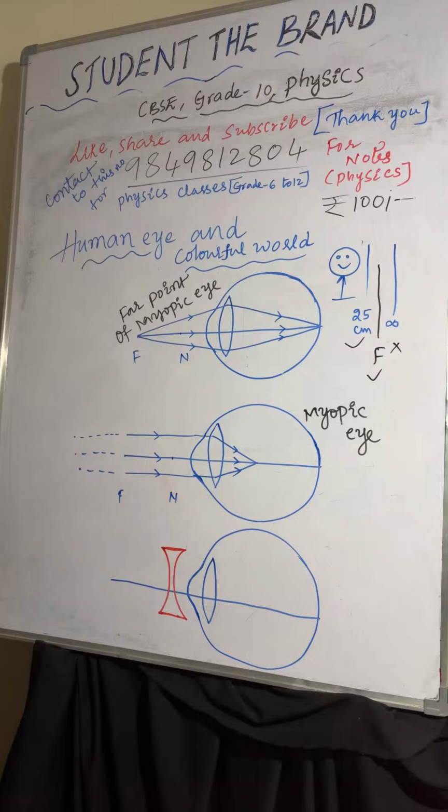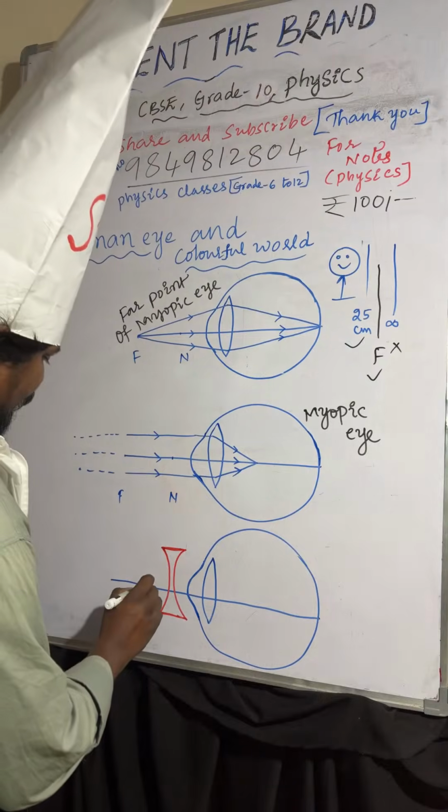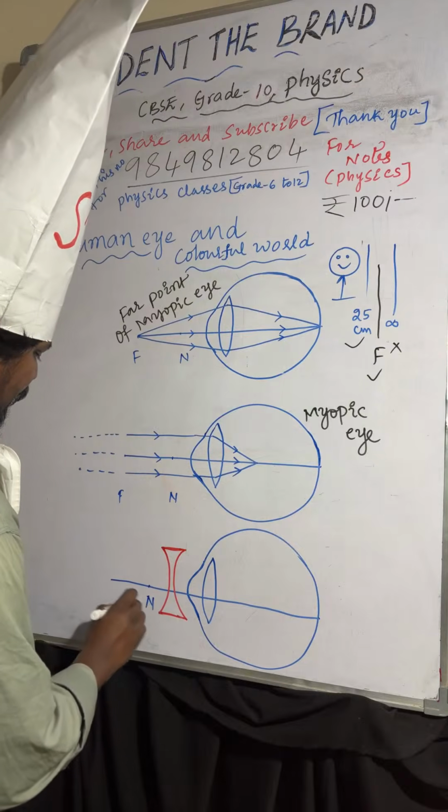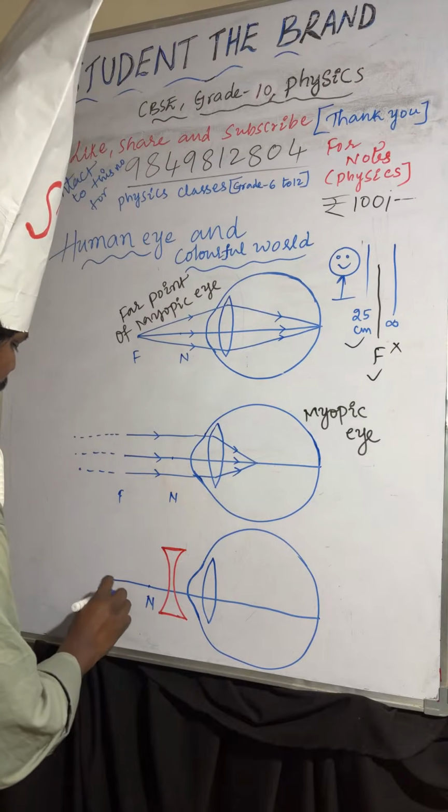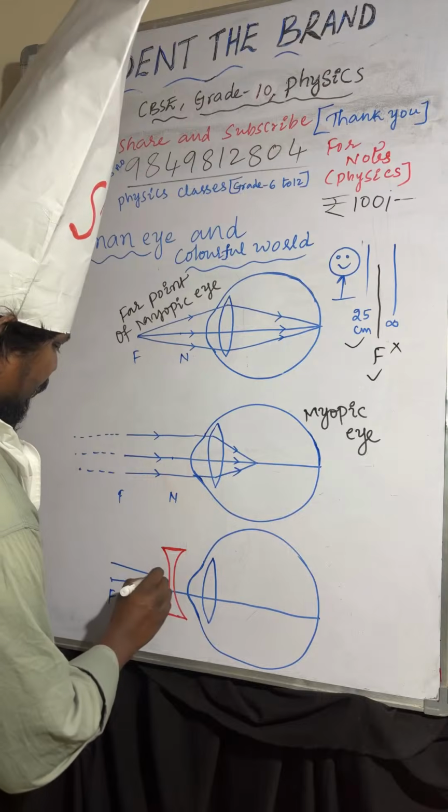Concave lens. So light rays are coming from infinity.